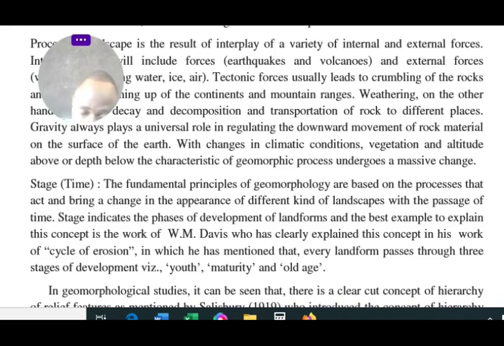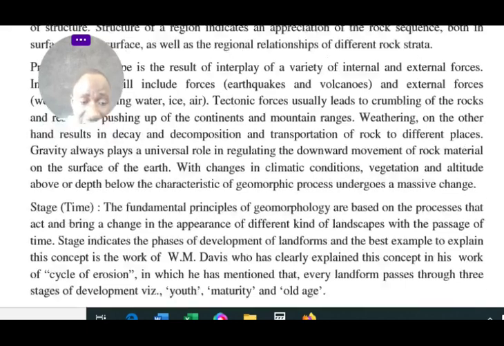So that is the aspect concerning time. The person known for that development of landforms, who came with that concept or work, is W.M. Davis, who came with that initiative of developing time, or what we have termed as the stage.